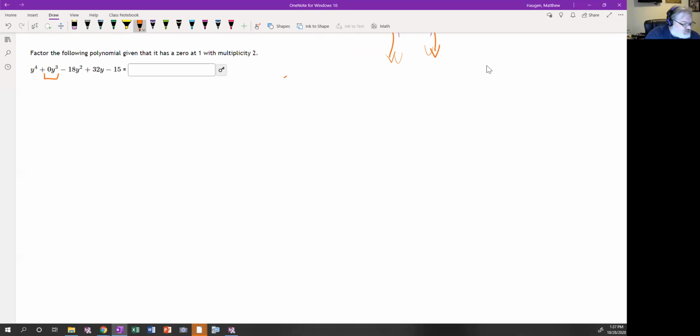We could really just be given y to the 4th minus 18y squared plus 32y minus 15. We could be told, hey, that's our polynomial with respect to y, and somebody could just say factor it, right?